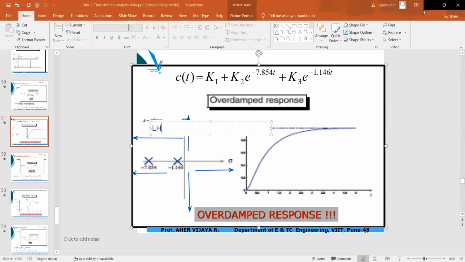And on this side, this is the right half of the S plane, right? So now observe the S plane carefully. Our 2 real poles are located in this area, in the left half of the S plane. Got my point?